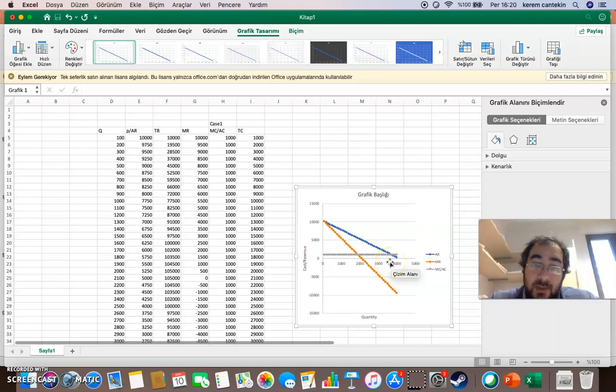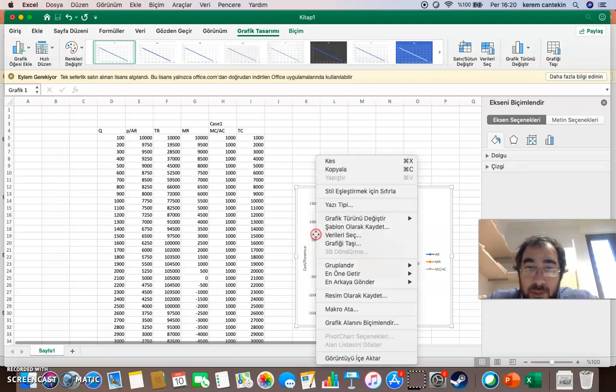Well, you don't need to do this, but just for fun, let's zoom a little bit on the optimum point.